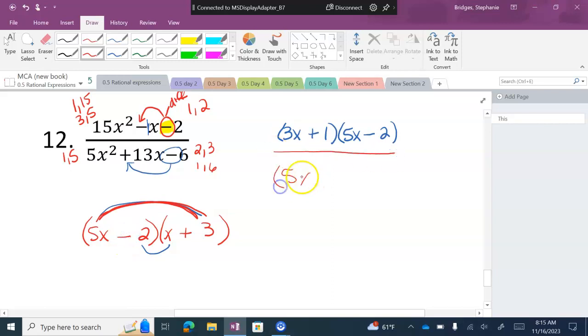And I'll do that one on the board too with cloud method. Okay, so pull the 5 off. Multiply 6 times 5, which gives me 30. Numbers that multiply to give me 30 and subtract to give me 13.